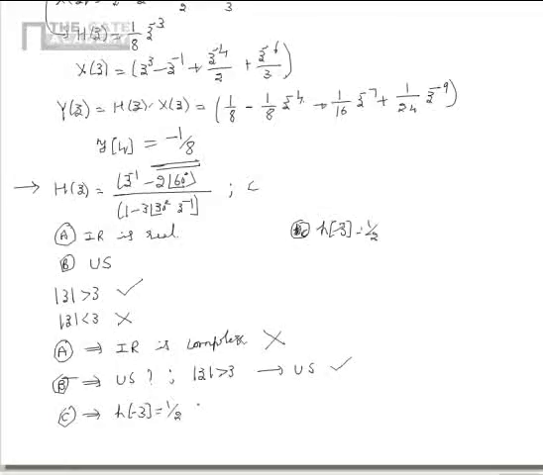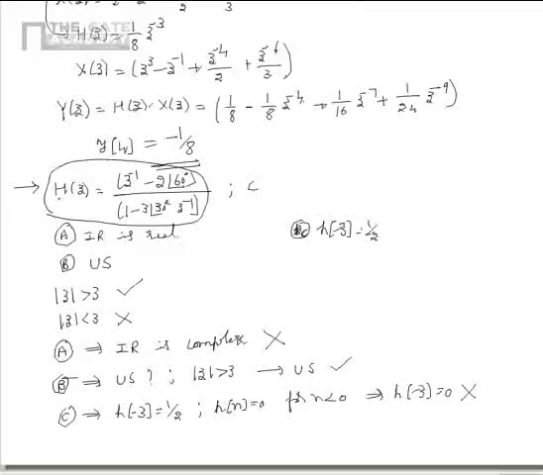It is given that the system is causal, so h(n) is equal to 0 for n less than 0. From this, h(-3) would be equal to 0, so option C is also not correct. So for the given causal system with system function H(z), option B is the only correct option, and options A and C are incorrect.